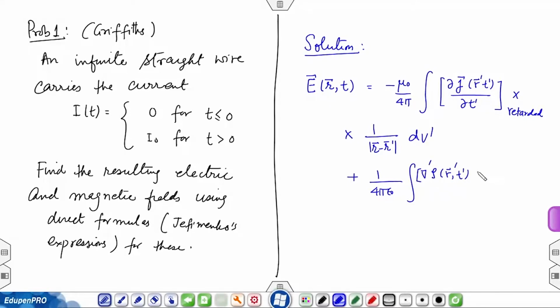This is again calculated at retarded time divided by modulus r minus r prime dv prime.